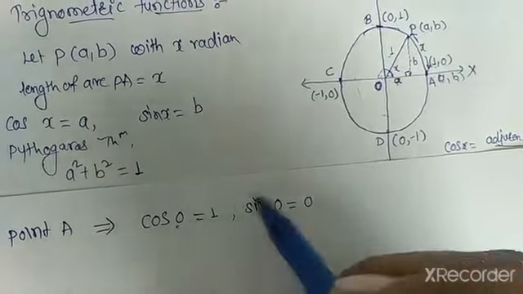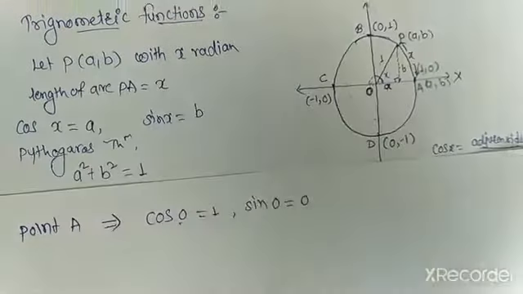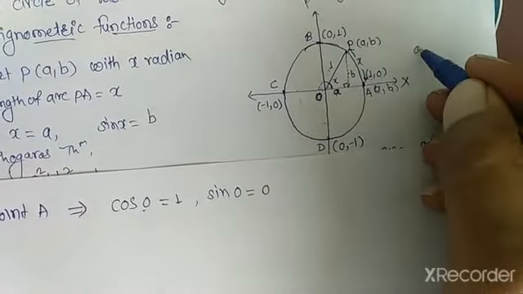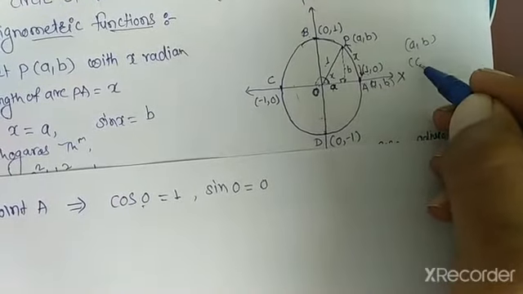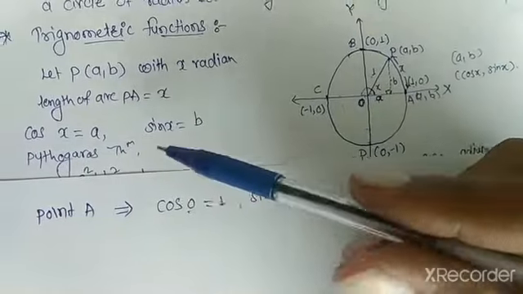So it will be (1, 0), meaning cos 0 is 1 and sin 0 is 0. Here, in (a, b), the first value is cos x and the second is sin x. Okay, we have defined it here.